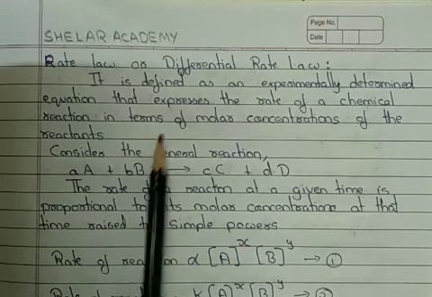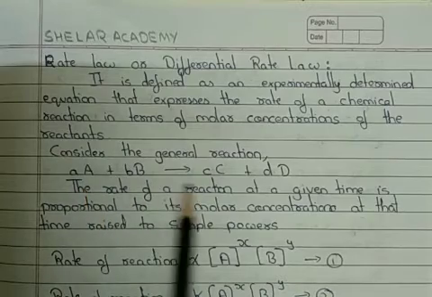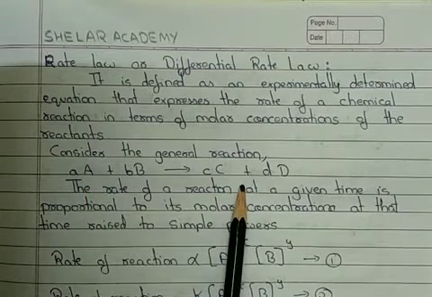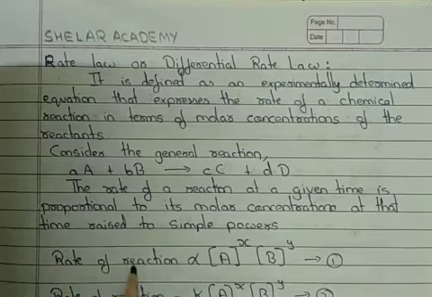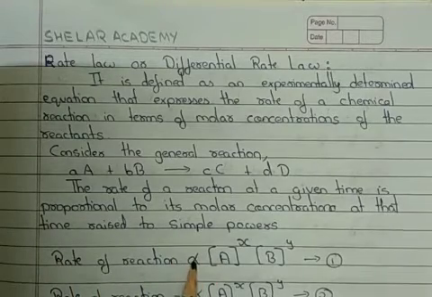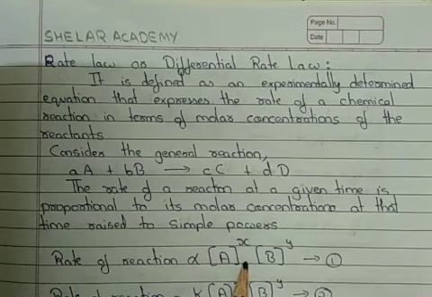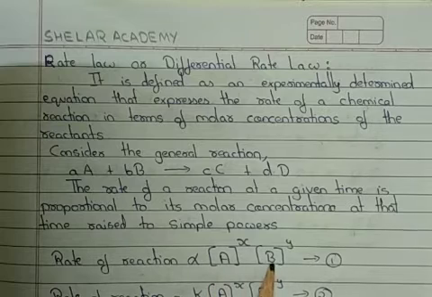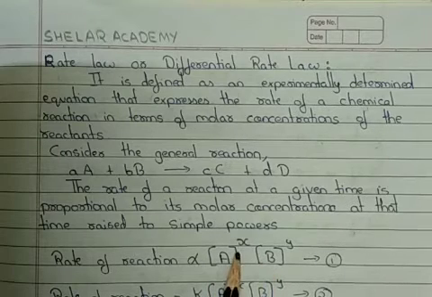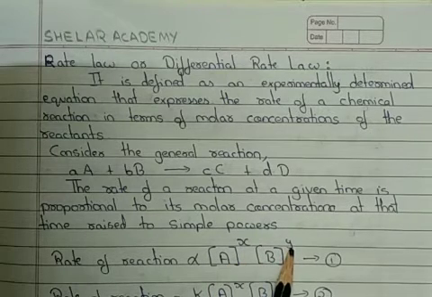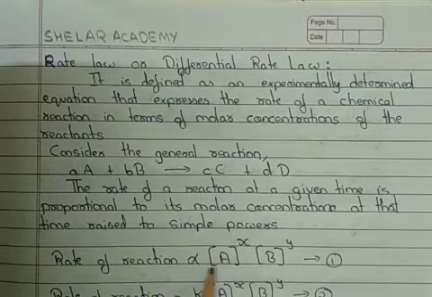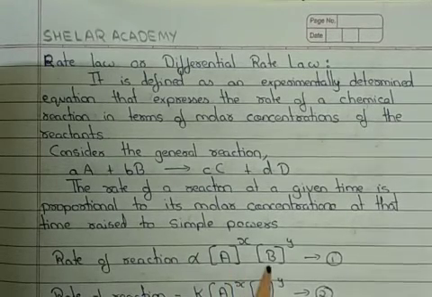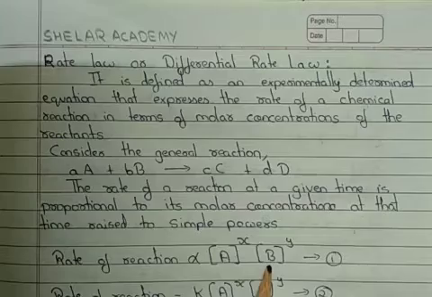So, according to the rate law, for this general equation, the rate of reaction is directly proportional to the product of concentrations of reactants with some simple powers. It is proportional to the concentration of only and only reactants.